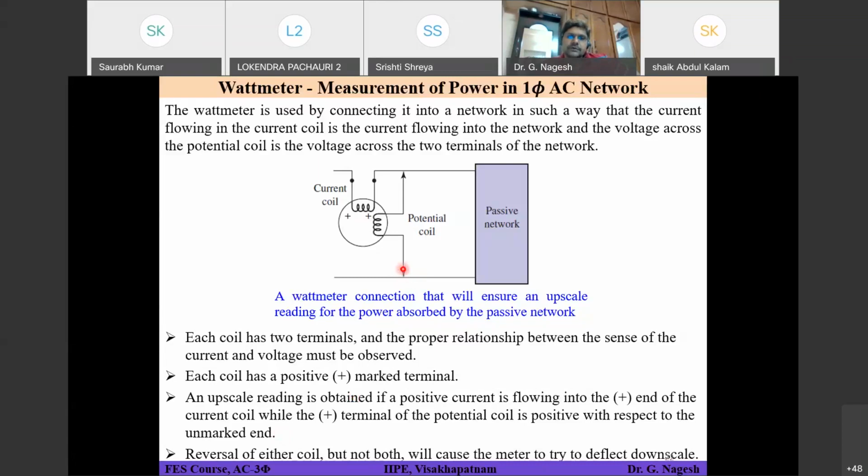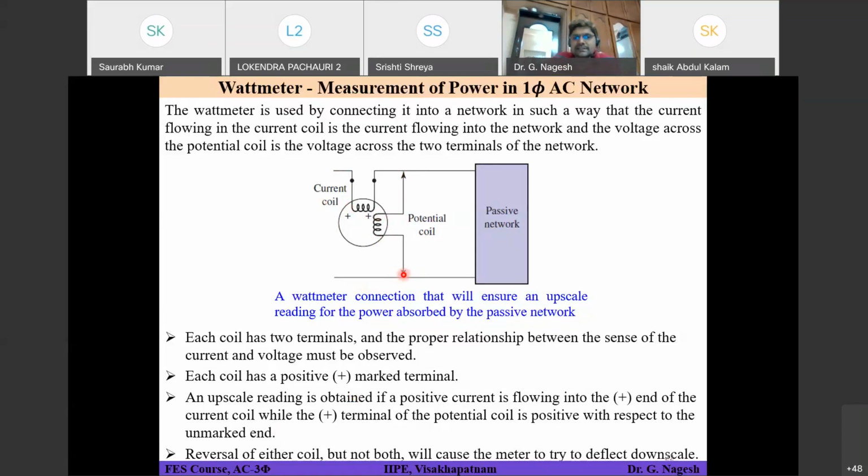Is it clear? It should be connected as shown in the circuit now. You're understanding now? Here this is the positive terminal, and current is entering into the positive terminal. For the potential coil, this is your positive terminal, and this is at a higher potential compared to the other terminal of your potential coil.